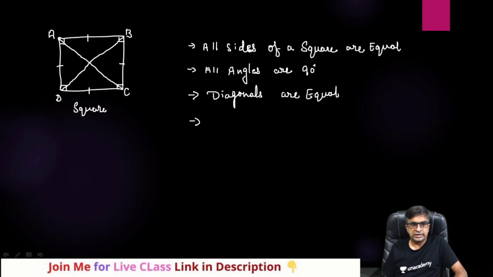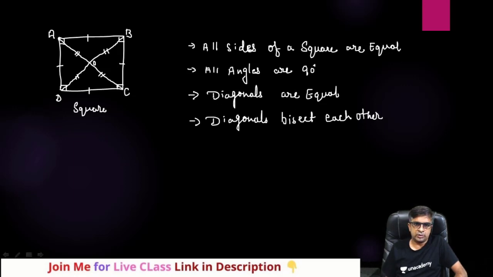Then diagonals bisect each other. Let me take this point as O. AO equals CO and DO equals BO. So diagonals bisect each other, meaning diagonals make equal parts.